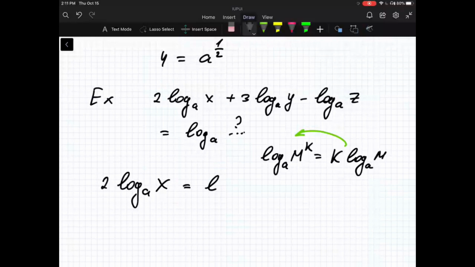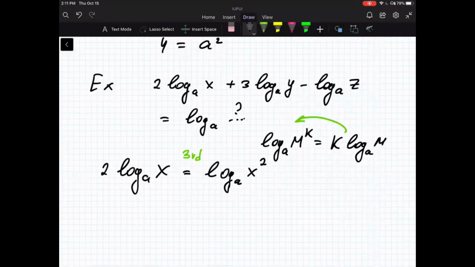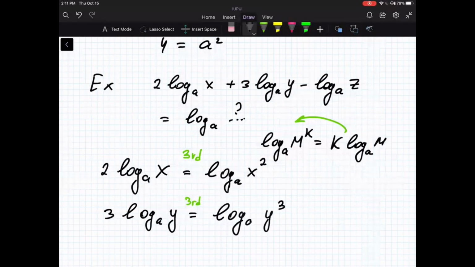But I will read it from right to left. So I have k in front, and I can put it inside the logarithm as a power. So by the third property, it is logarithm of x squared with base a. The same story happens with 3 logarithm of y with base a. Again, by the third property, I can put 3 inside as a power and get logarithm of y cubed with base a.